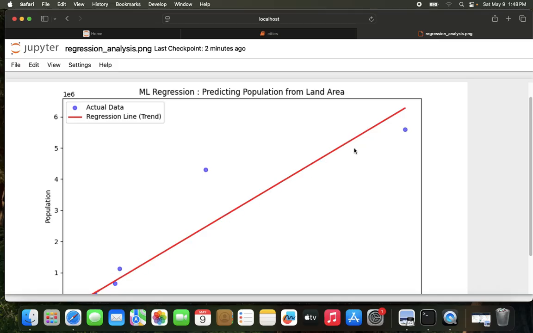So this is our trend, and these are actual data. Now you realize there are some cities that are above this trend, and there are cities that are below this trend. So when you look at it, this illustrates the urban hierarchy in Ghana. Our data is from Ghana.